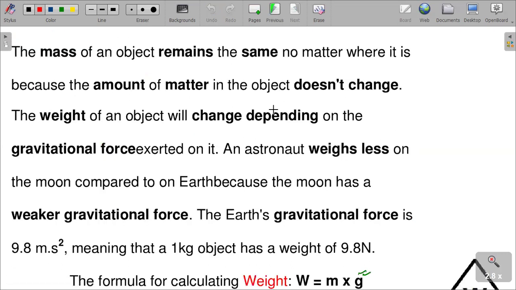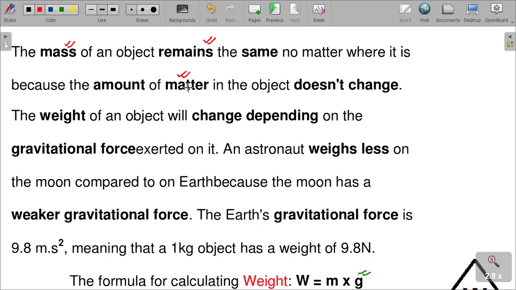The mass of an object remains the same no matter where it is, because the amount of matter in the object does not change. Mass is constant. Whatever makes up an object does not change, hence the mass remains the same.